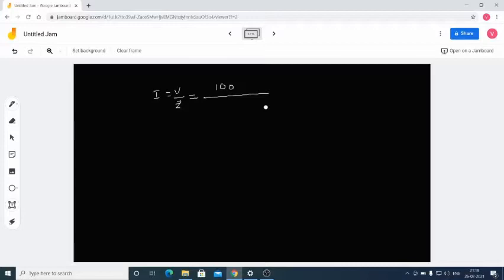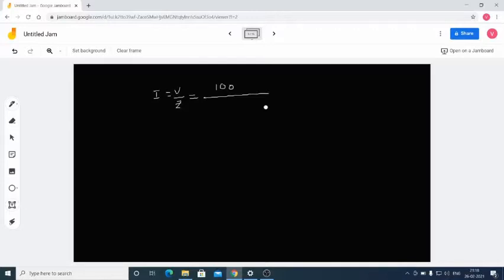Move on to the second problem. Find the value of the circuit current under resonance and also the resonance frequency, power, and voltage drop across resistance, inductance, and capacitance for the given network.